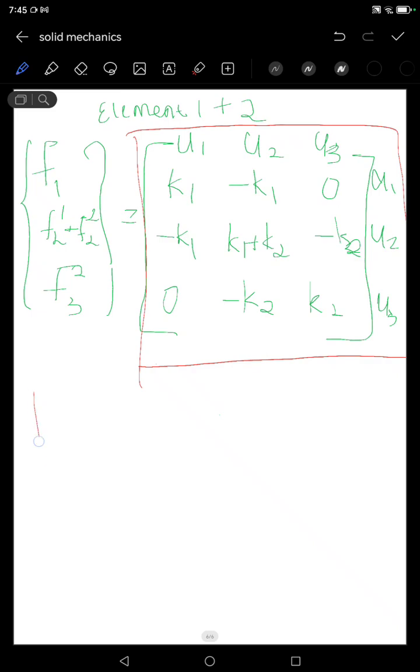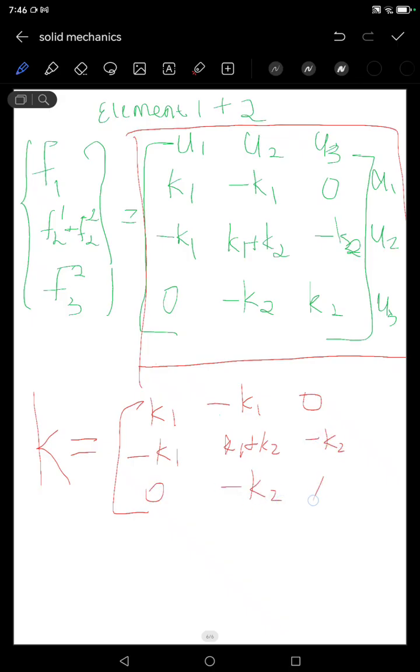So global stiffness, we're gonna write it like this: a big letter K times K1, minus K1, 0, minus K1, K1 plus K2, and then minus K2, and then 0, minus K2, K2, or like this: U1, U2, U3. So this one, we call it what? A global stiffness.